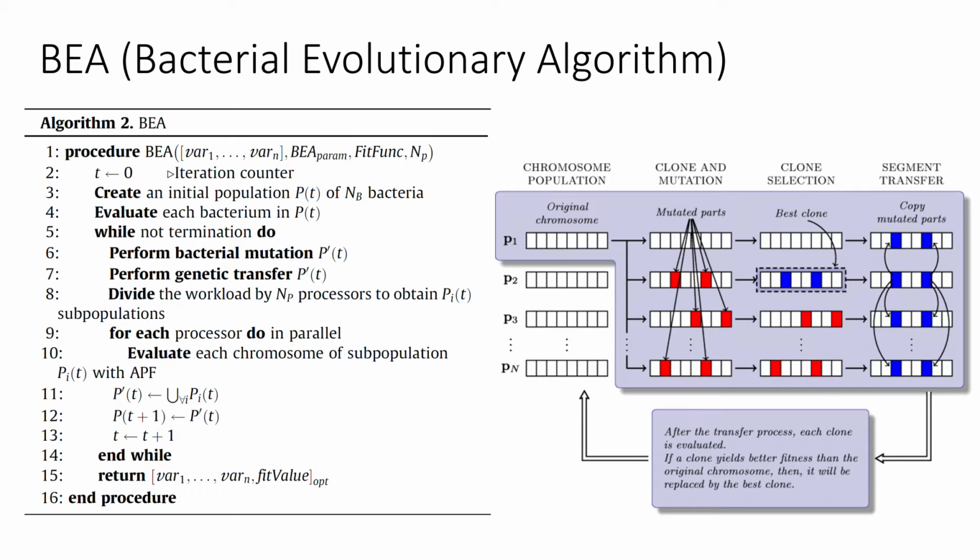As we can tell from its name, this method is heuristically inspired by bacteria gaining population, which means that the process of the whole algorithm is like the increment of the population of our cluster of bacteria.